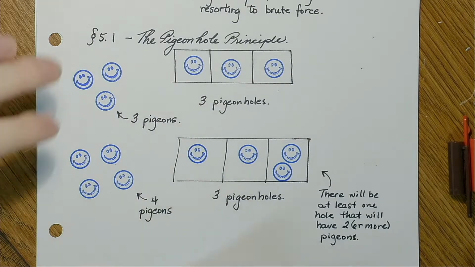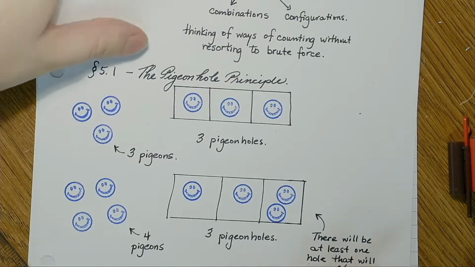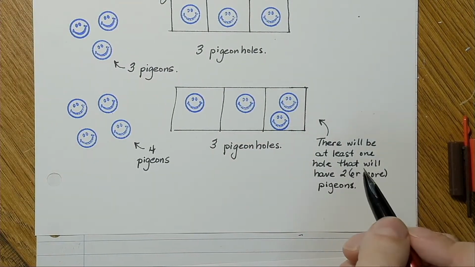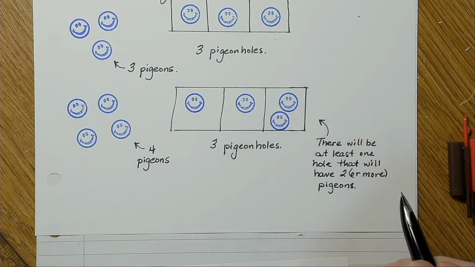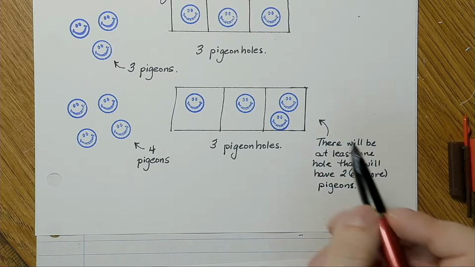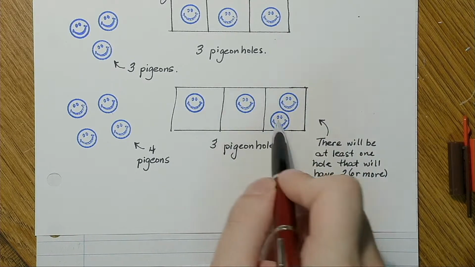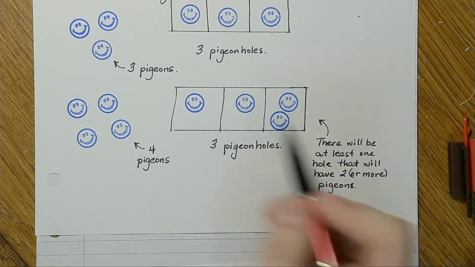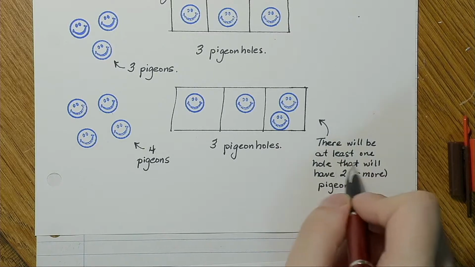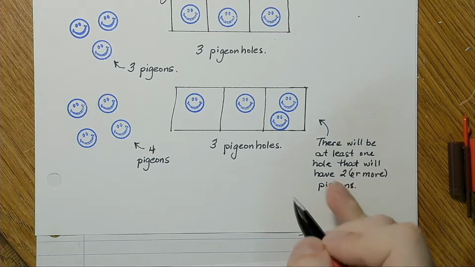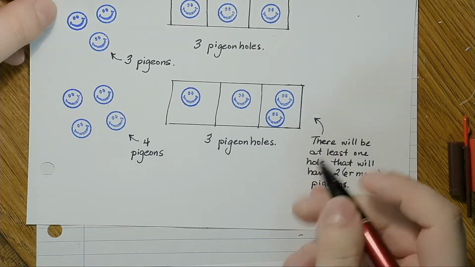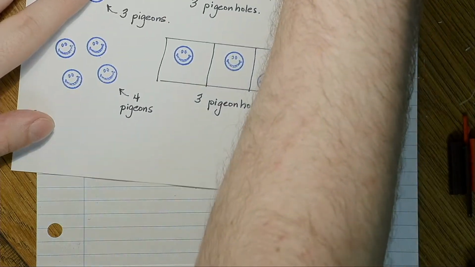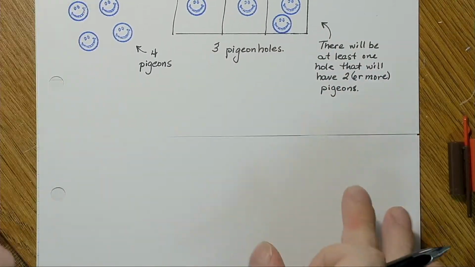I know it sounds really easy, but yes, there will be at least 1 hole with 2 or more pigeons. The max we could do is move all these pigeons inside 1 box, so you could have 4 pigeons in one, but that just means there is at least 1 hole that will have 2 or more. Seems reasonable enough.